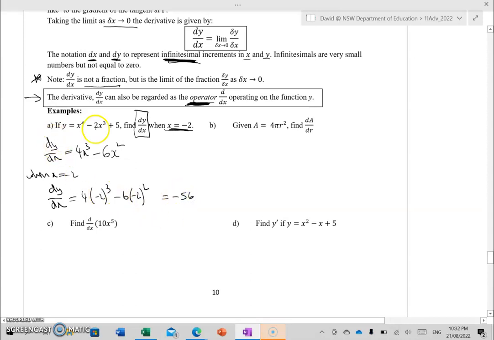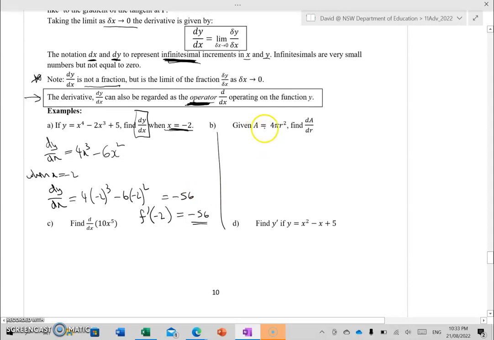Another alternate way of writing this is you can write f dash, and then put the x value in the bracket. So you can write f dash of negative 2 is negative 56. What does that mean? That means the gradient of the tangent to the curve when x is negative 2 is negative 56. So when x is negative 2, that curve is very, very steeply going downhill.